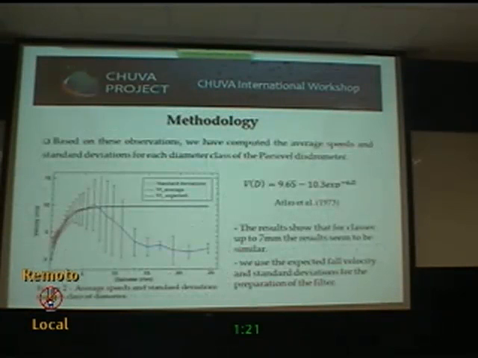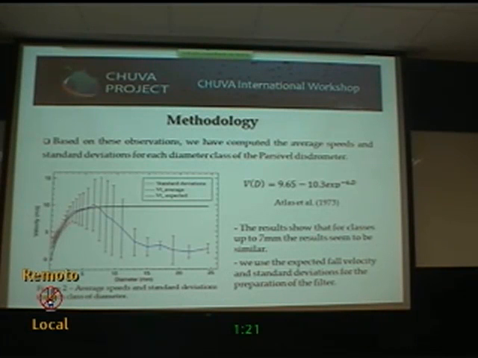Based on this observation, we have computed the average speed and the standard deviation for each class of diameter of the Parsivel disdrometer, represented in this figure. The black line is the expected fall velocity, the blue line the average velocity, and the red bars the standard deviation of this fall velocity.